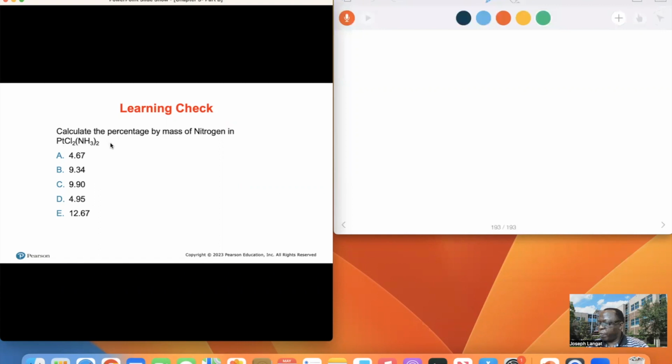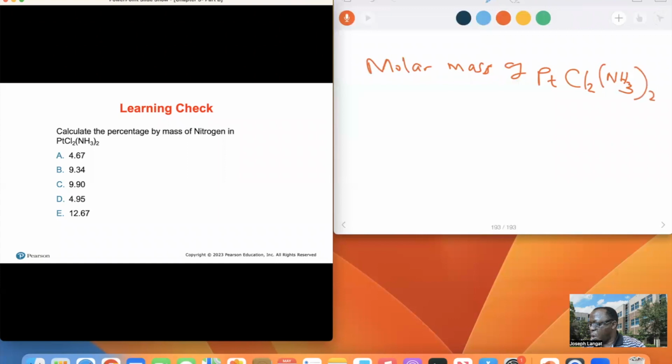You add up everything, and here, the molar mass of PtCl2 is 301.